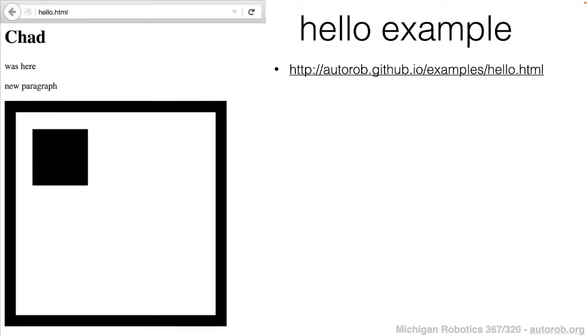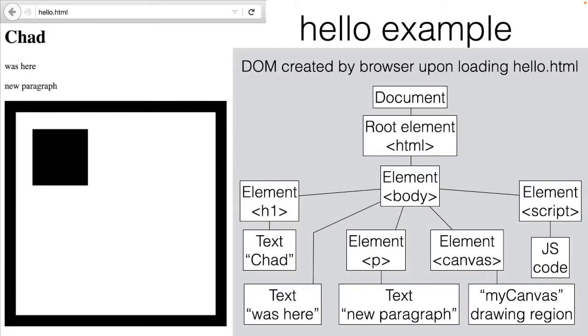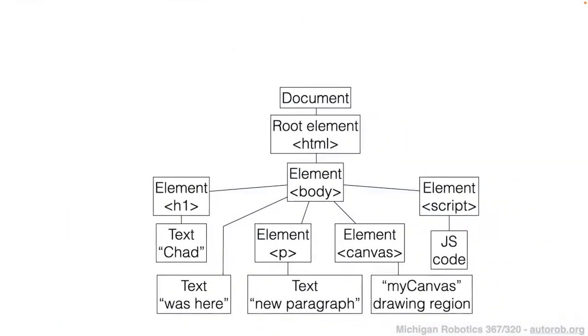If you open this HTML file in your browser, you should see the page shown on the left. Now we're going to step through the DOM and look element by element, just so that we can understand this idea of the document object model as a scaffold, or the structure of the content that's being displayed.